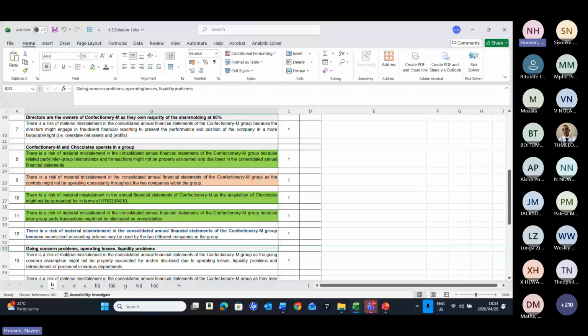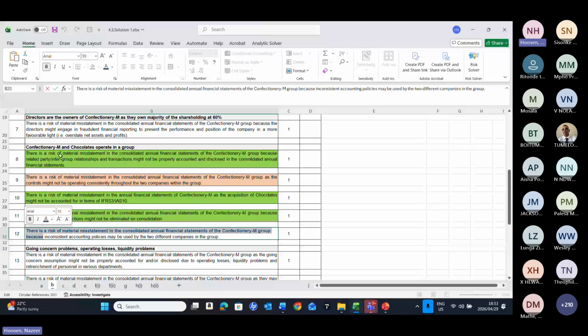There is a risk of material misstatement in the consolidated annual financial statements of the Confectionery M group because you could have written just these words, and you see every sentence from 8, 9, 10, 11, and 12 begins with the same words. Can you guys see that? Up until the word because. Do you see that?